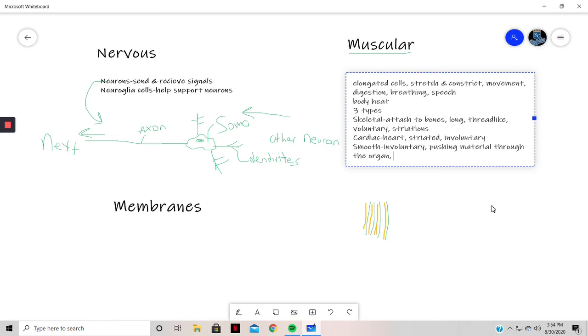Let me put those on here. Urinary, respiratory, digestive, and go digestion, all that stuff there. Just pushing stuff through the organ, the system, whatever you want to call it.